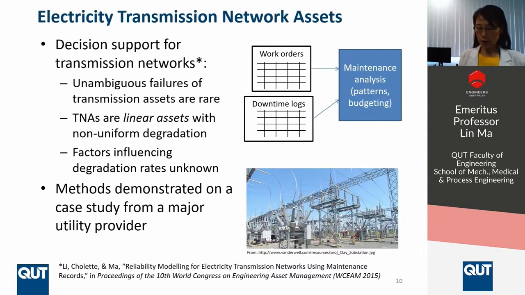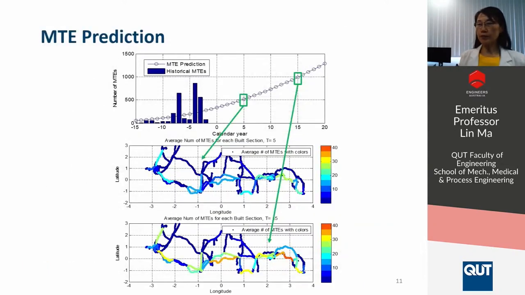So we figured out how to overcome these things using a parameter called MTE, which is maintenance trigger event. They have a very good record of past maintenance. And then we filter the maintenance records to those more failure related and capital related.